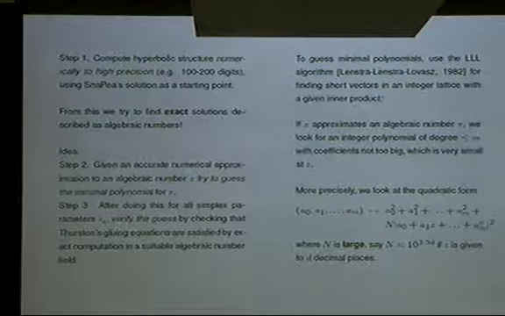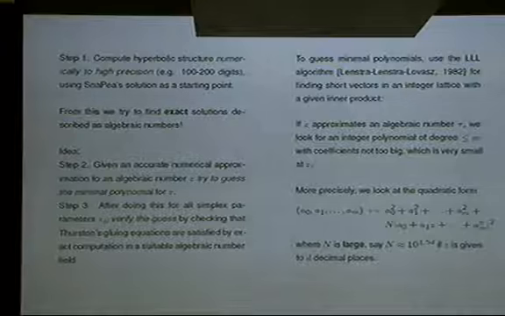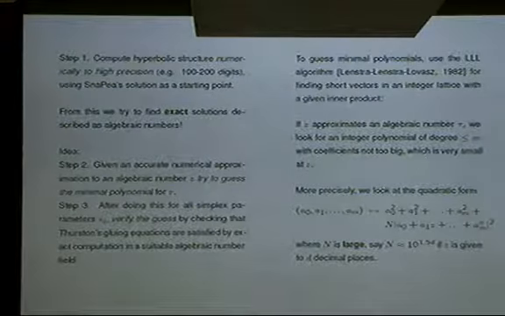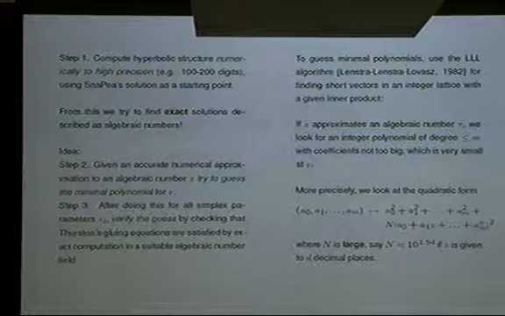So you've got the coefficients squared, and you've got the size of the polynomial when you substitute in z. So we take the absolute value squared and multiply by some large number, which will be roughly something like 10 to the 1.5 times d, if you know z to d decimal places of accuracy.